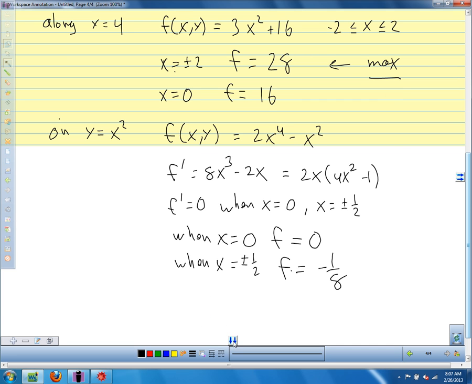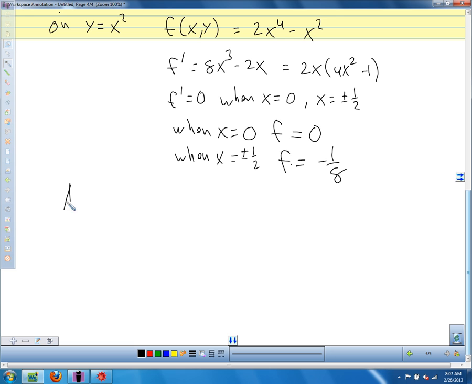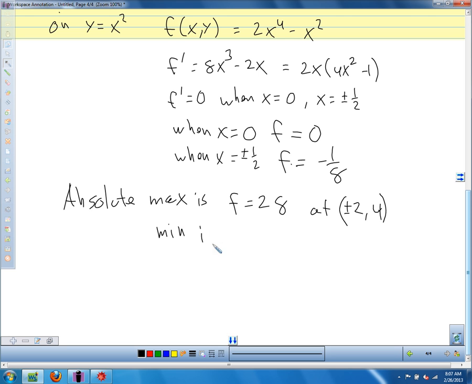So the absolute maximum on that region is f equals 28 at x equals plus or minus 2 and y equals 4 there. And the absolute minimum is f equals -2 at 0, 1.